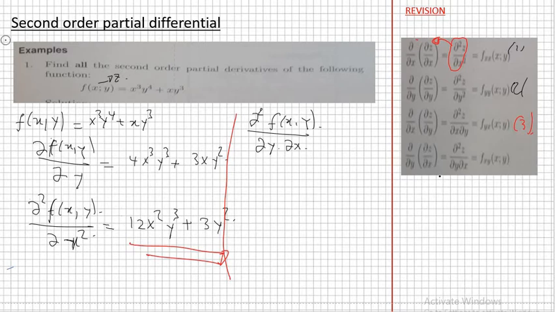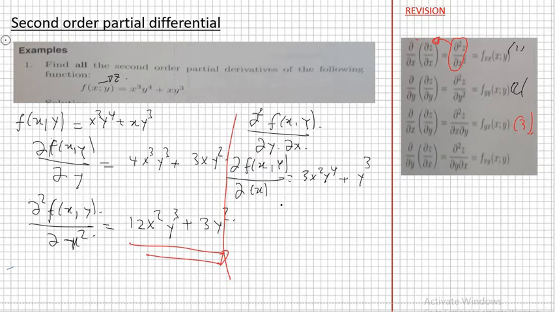We get a certain function, and then we derive that with respect to y. To derive it with respect to x, we get 3x squared y to the power of 4 plus y to the power of 3.